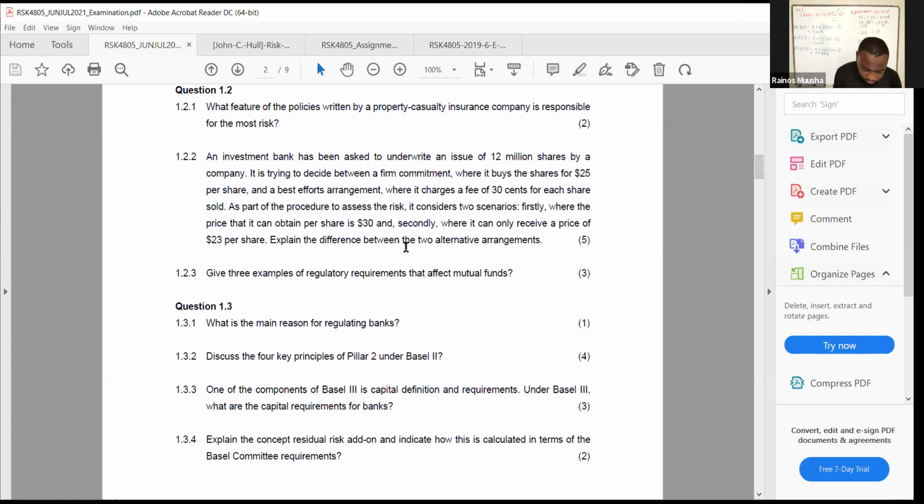The first scenario is where the share price ends up being $30, and the second scenario is where the share price ends up being $23. Then they say explain the difference between the two alternative arrangements. So for both scenarios, we are assessing what would be better in the two given scenarios.